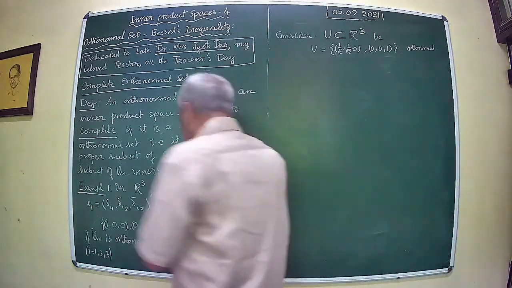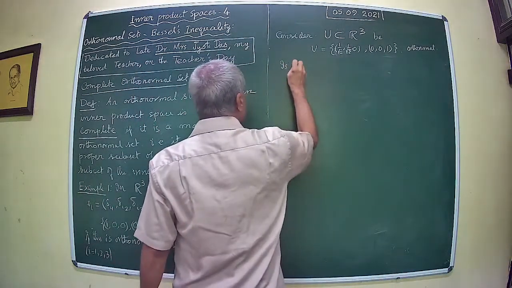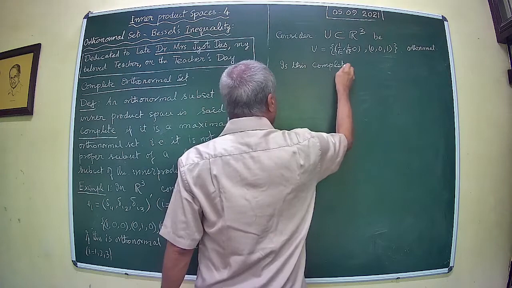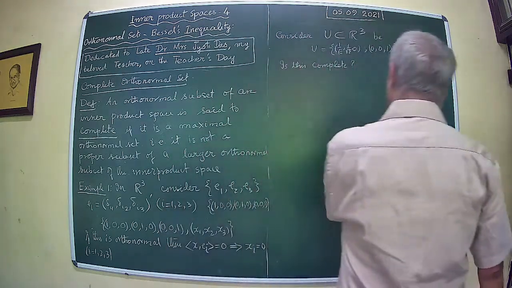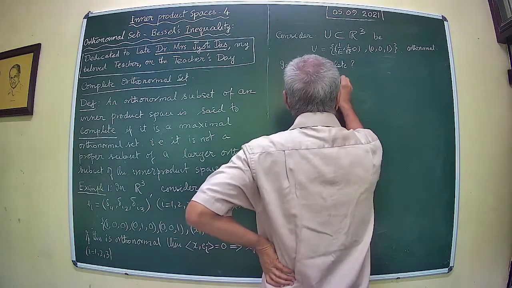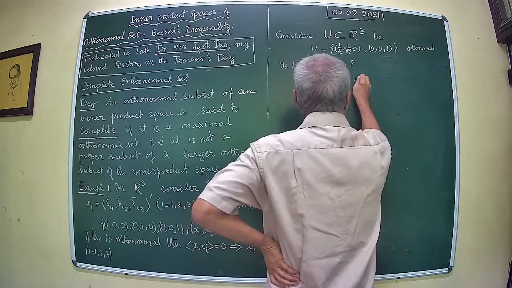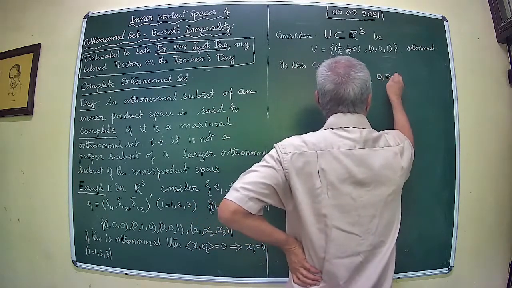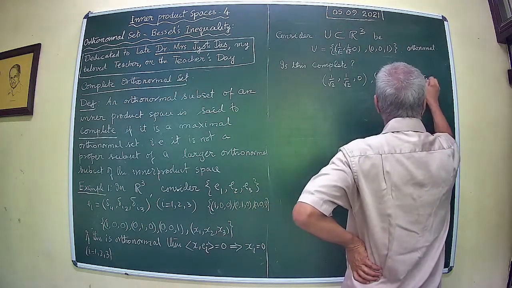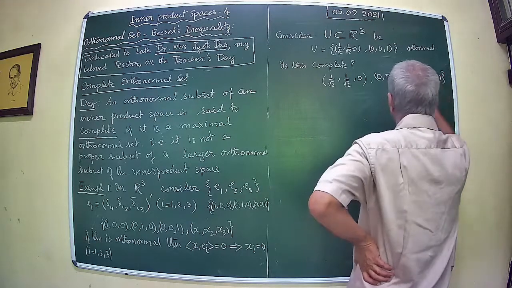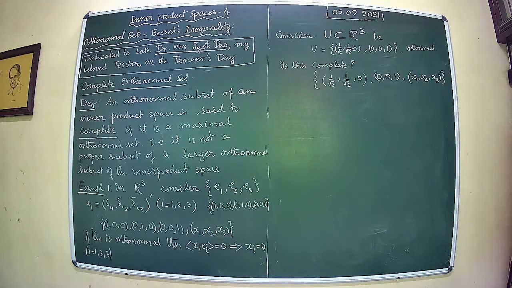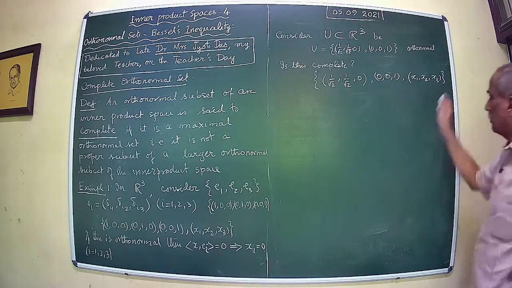Now what we want is this. Let us see. Suppose you adjoin to this x1, x2, x3 where x1 square plus x2 square plus x3 square equal to 1, that means the dot product of this.